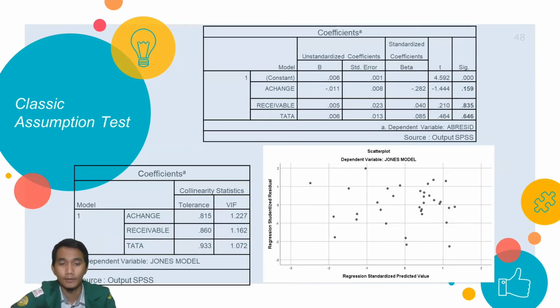In the scatter plot, the data points spread above and below the zero point, not only at the top or bottom, and do not cluster or form a certain pattern. In the Glejser test, the significance values of the three variables are greater than 0.05, so the regression model is free from heteroscedasticity.